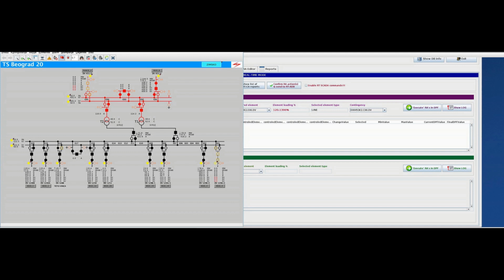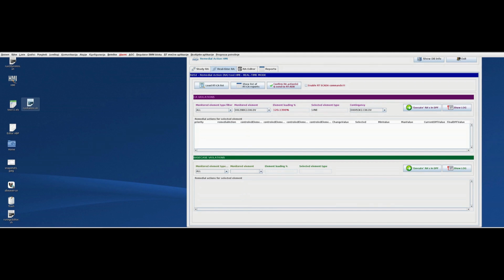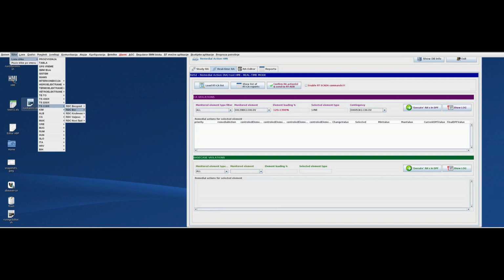The dispatchers are deciding that they would connect in parallel operation 2 substations, the 400 to 110 kV substation Belgrade 20 and the 220 to 110 kV substation Belgrade 17. This will be done by switching on the 110 kV circuit breaker on the line in substation Belgrade 28.